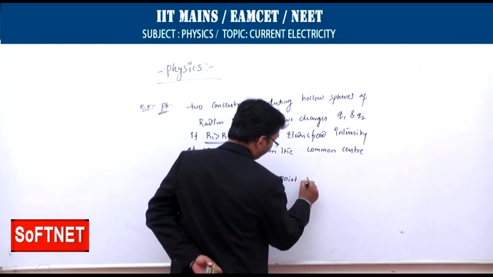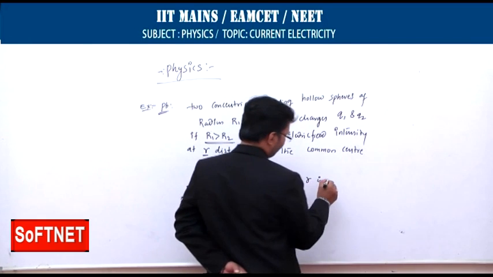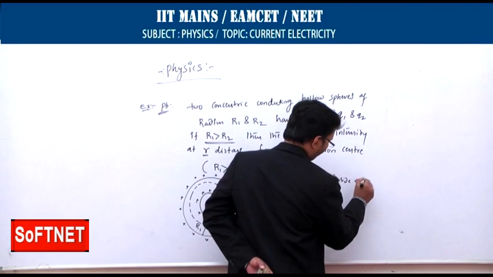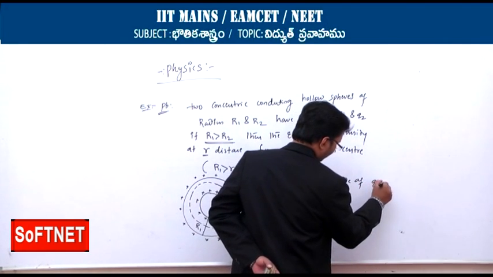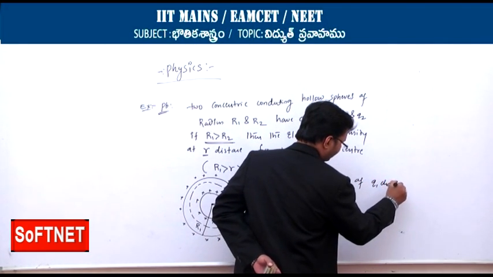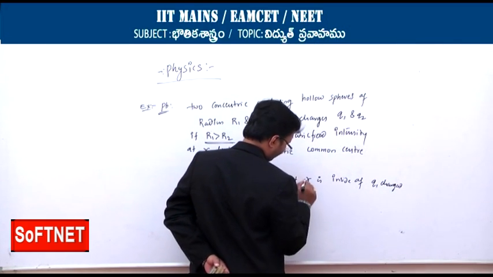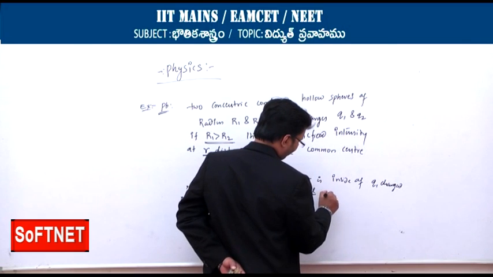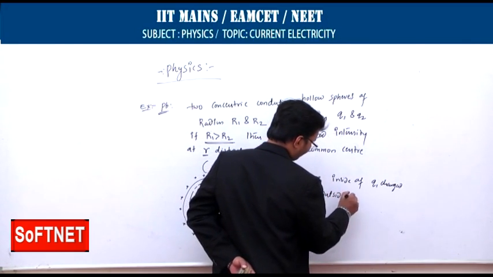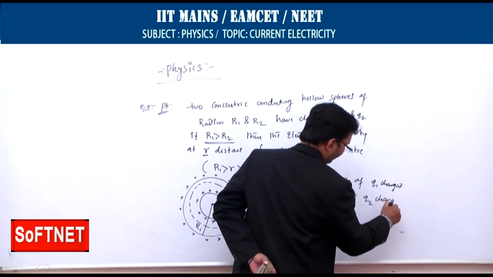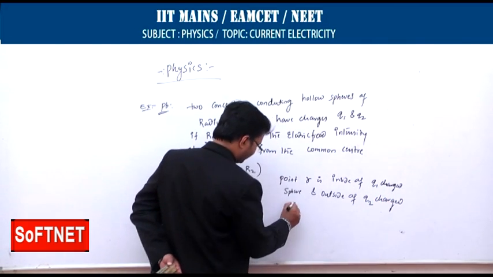Point r is inside of the Q1 charged sphere and outside of the Q2 charged sphere.